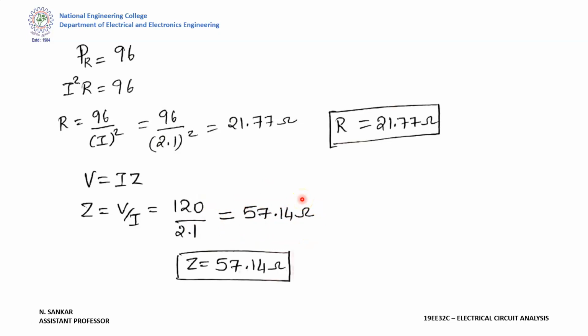Next, we know the value of Z, which is nothing but root of R square plus XC square. Here we already found the value of Z and R, so from this we can find the value of XC. First take the square on both sides, which gives Z square is equal to R square plus XC square.